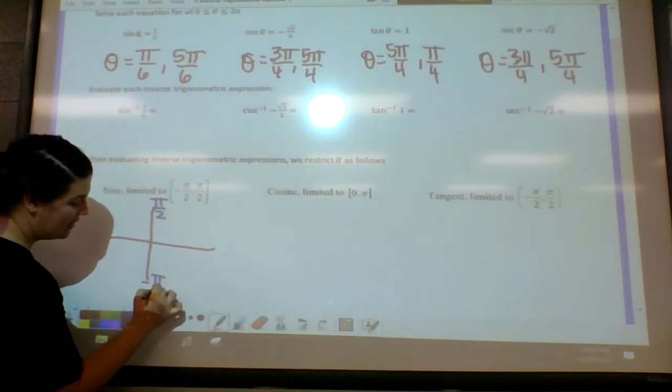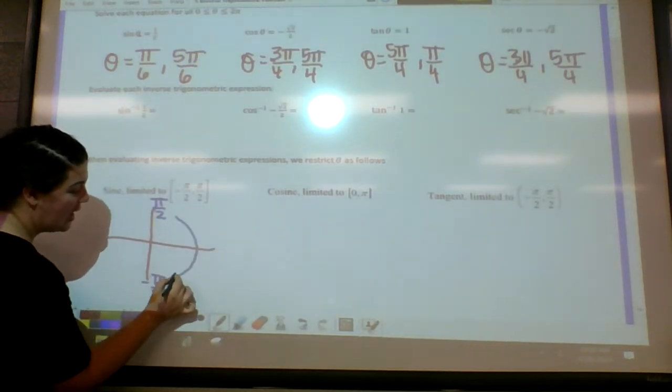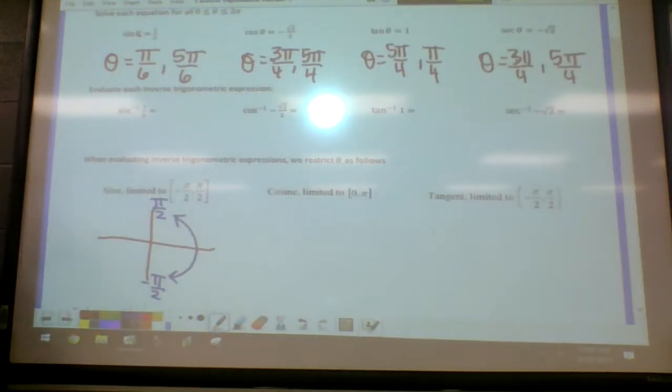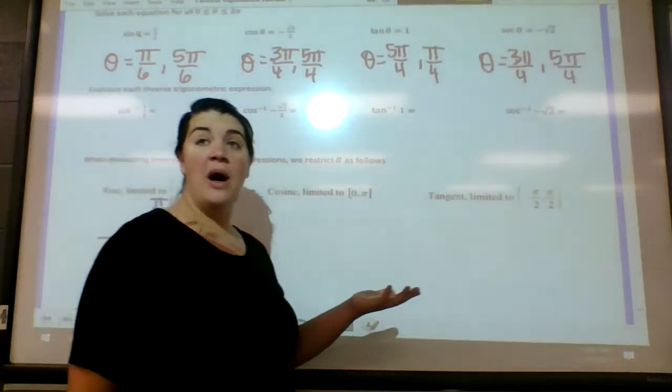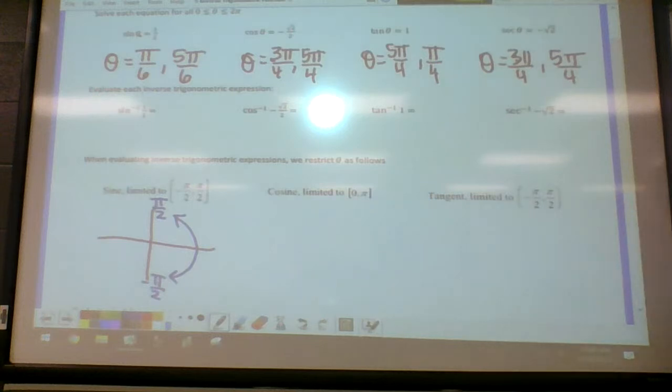Negative pi over 2 is down here. And so your sine inverse is going to exist in quadrant 1 and technically quadrant 4, but it's going backwards into quadrant 4. So up here, this is where the signs are all positive, yes? Down here is where the signs are negative. And so sine inverse is only going to live in these two quadrants.